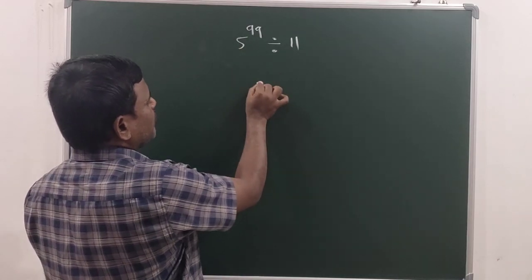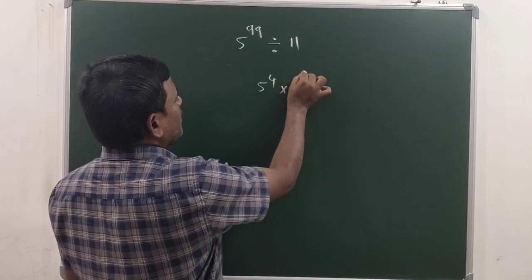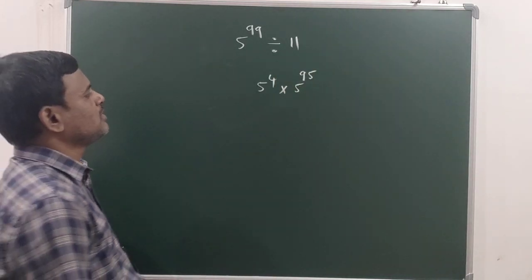So first, I would like to write 5 power 99 as 5 power 4 into 5 power 95. Can we write? Yes.